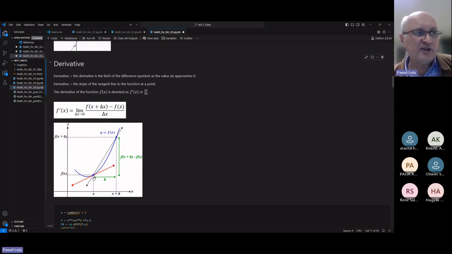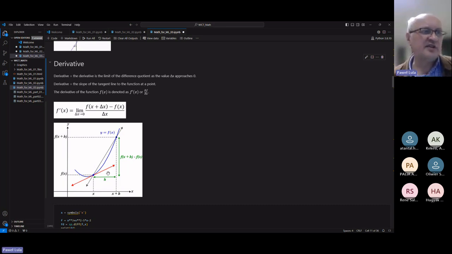So when I want to calculate the derivative for this x value, I have two possibilities. The first possibility is to decrease this h value, to make it very, very small, and calculate the difference quotient in that situation.